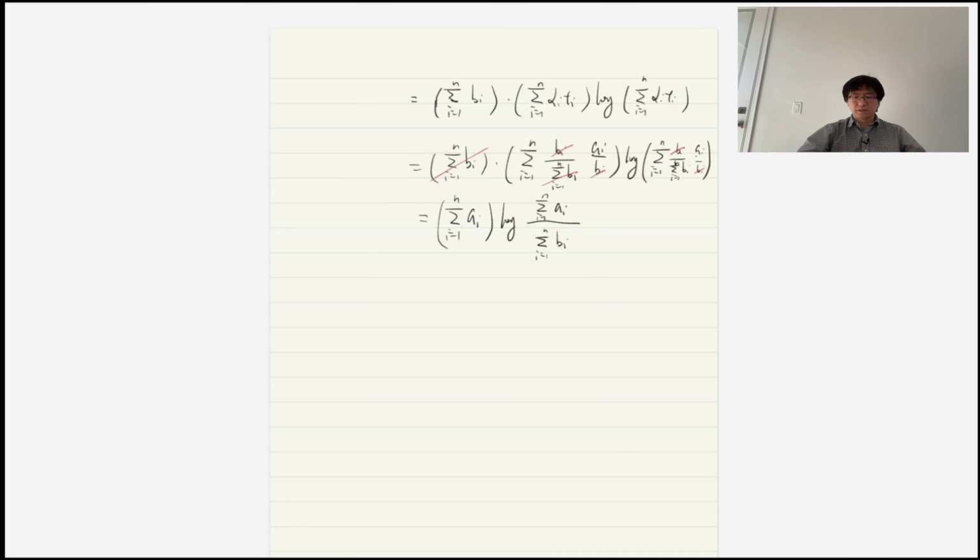That's basically the log sum inequality. Let's write it again to remember it. It's kind of long. So from here our conclusion is that this guy is bigger than or equal to this guy.